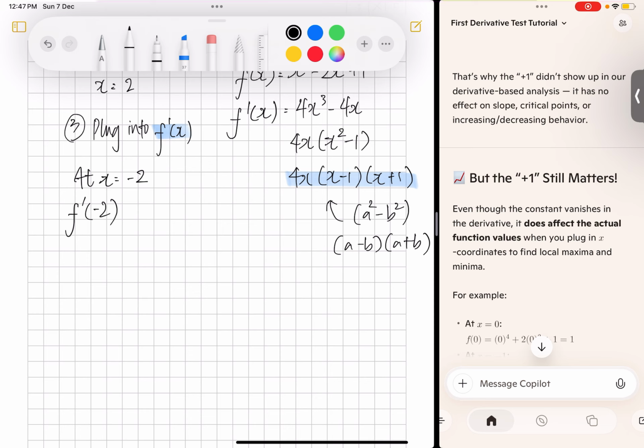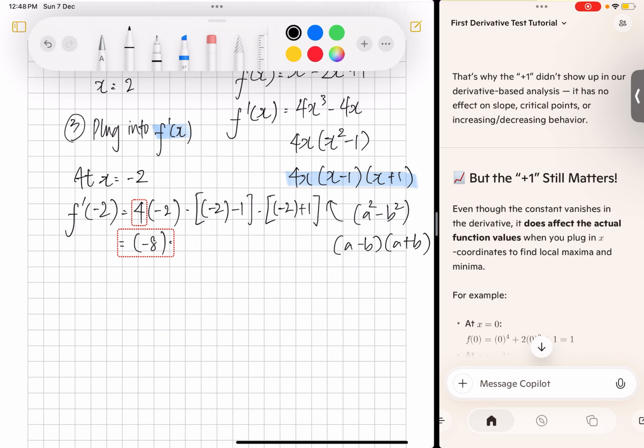f' inputted by negative 2 will equal 4 times negative 2 times negative 2 minus 1 times negative 2 plus 1. That will equal 4 times negative 2, which is negative 8, times negative 2 minus 1.